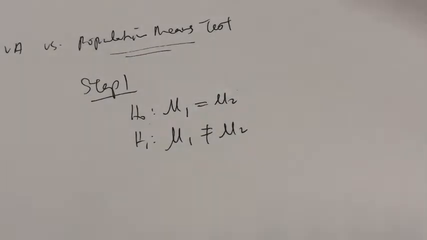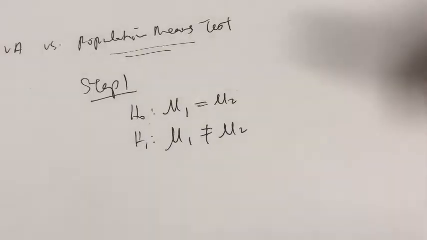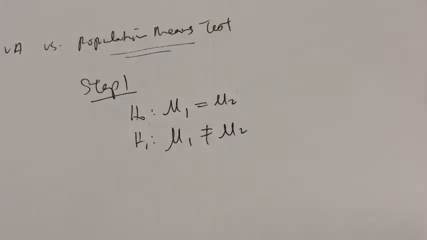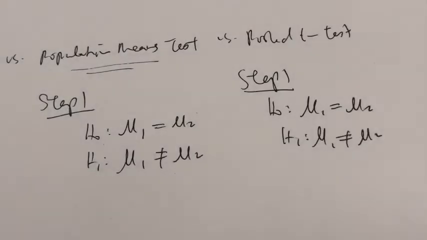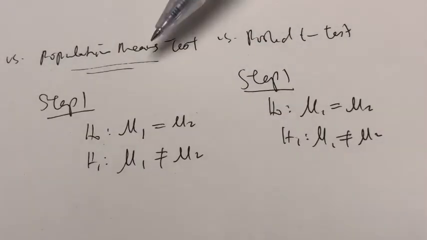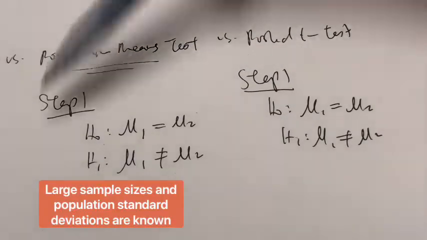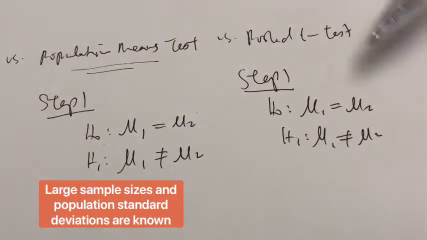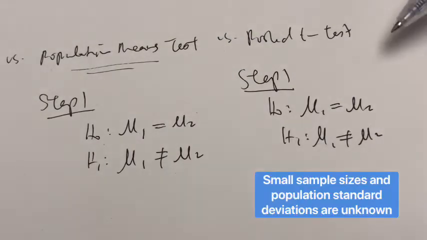And if the population means test involves small sample sizes, we used the pooled t-test. Both of these tests want to compare the difference or the similarities between two population means. The difference is, for this two-sample population mean test, the sample sizes are large, whereas in this test, the sample sizes are small.